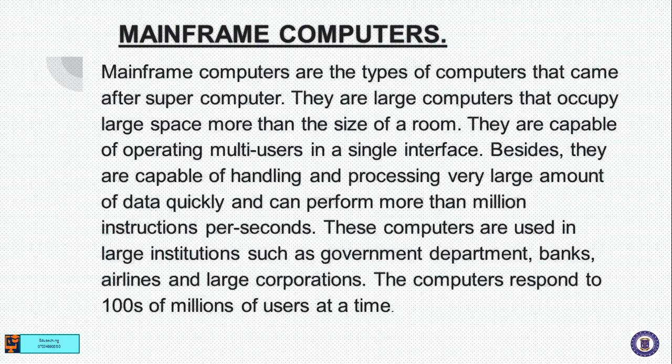Now I'd like us to understand something here. The supercomputer, the mainframe computer, and the mini computer have the same capacity in processing, the same storage, the same processing capacity, and they are all multi-user computers.